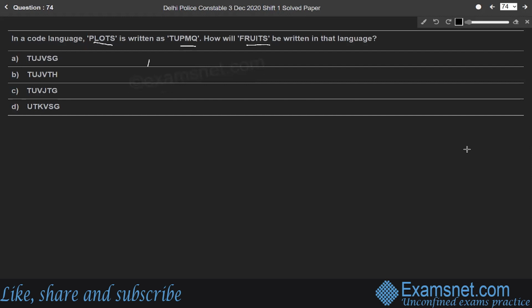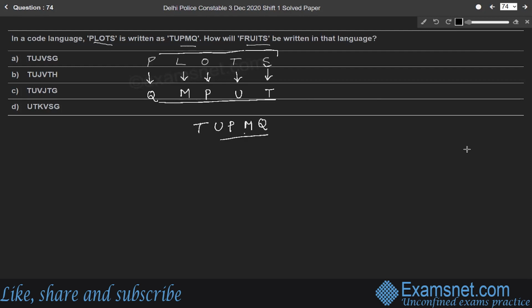Here, PLOTS: P is coded as its next alphabet, that is Q. L is coded as its next alphabet M, and O is coded as P. T is coded as U and S is coded as T. But this order is written in the reverse direction, that is Q, M, P, U, T. Therefore, the word plots is coded as TUPMQ.